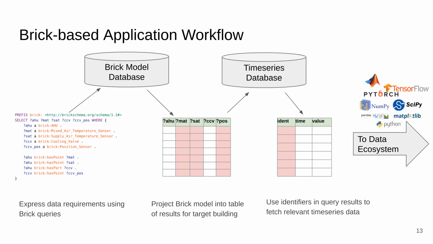For those things that are points, you then use the results to go look up your data in your time series database, and you can get back your data frame or your matrix or your CSV file or whatever you need, and that you can go and hand off to your data ecosystem. And if you look on the Brick website, we actually have videos demonstrating this live using TimescaleDB over Postgres and an in-memory Brick database. So there are live examples and real examples of how you can do this.